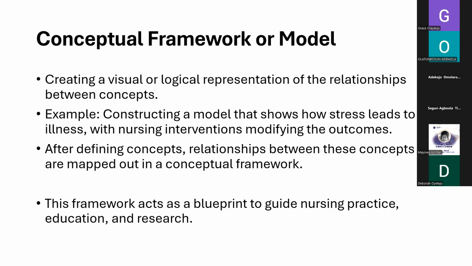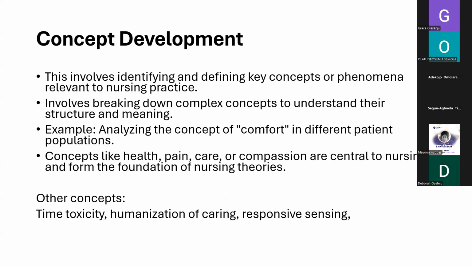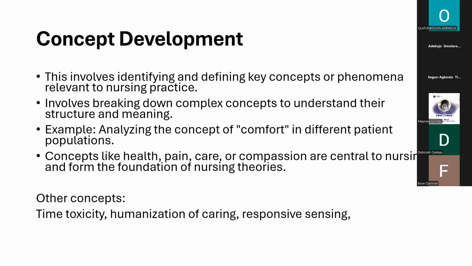Most times, before you build a theory, you have to start with a concept, like we've talked about. You can develop a concept by observing a situation, giving it a name, and then clarifying what that concept is all about. These are the concepts that I've worked on: time toxicity. I've also worked on humanization of caring, of nursing, because I've been a simultaneity person for so many years.